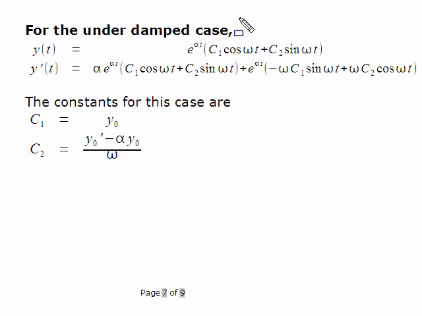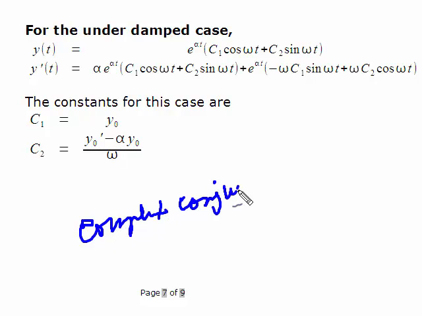And the next one, of course, is similar. This is for the underdamped case. If you recall, the solutions from the quadratic formula were complex conjugates, and I was writing them as alpha plus or minus i omega.